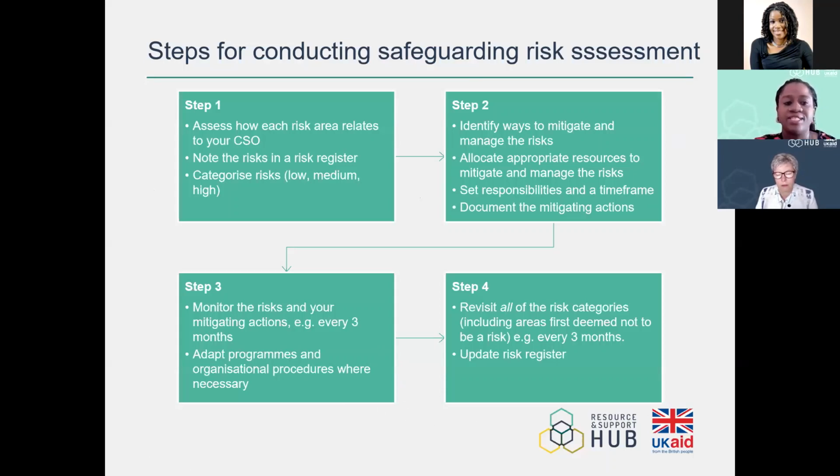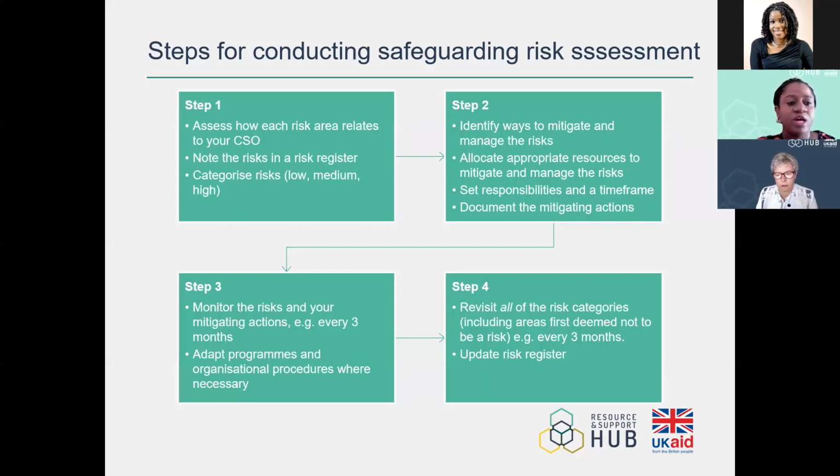Now let's look at the steps for conducting safeguarding risk assessments. The first step is to assess how each risk area relates to your organization. We have that risk tool, and I urge all of you to later click on the link and look at the tool.